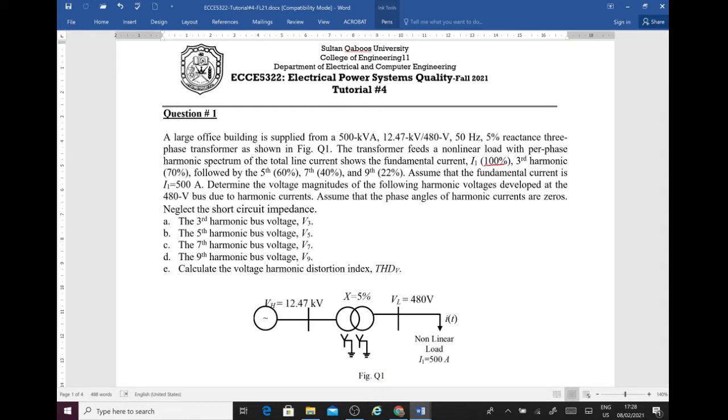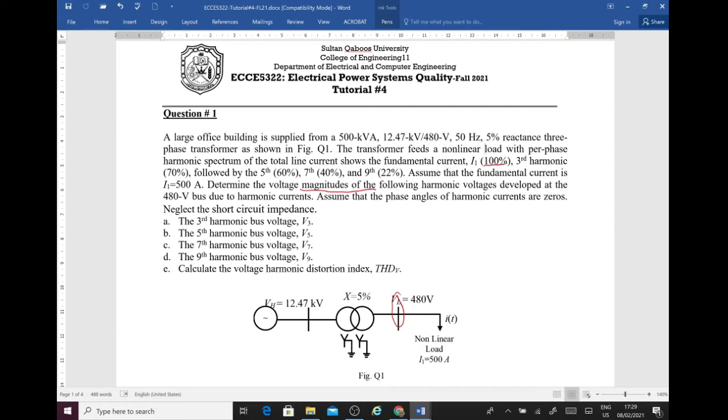Determine the voltage magnitude of the following harmonic voltages developed at 480 volt due to harmonic current. Assume that the phase angle of the harmonic currents are 0, and neglect the short circuit impedance.